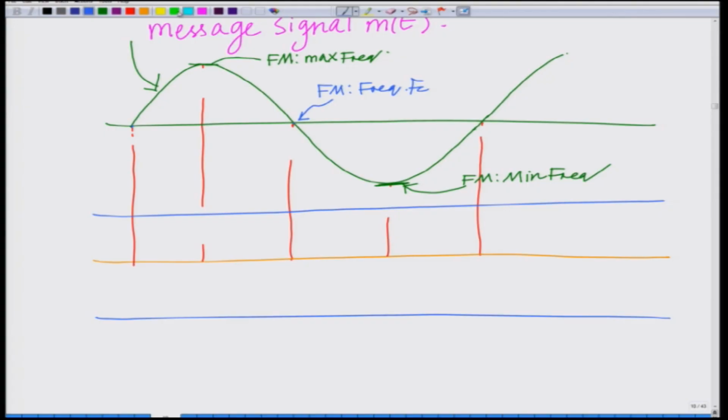So, if I draw this, it will look something like this. At this point I will have the frequency of the unmodulated carrier.